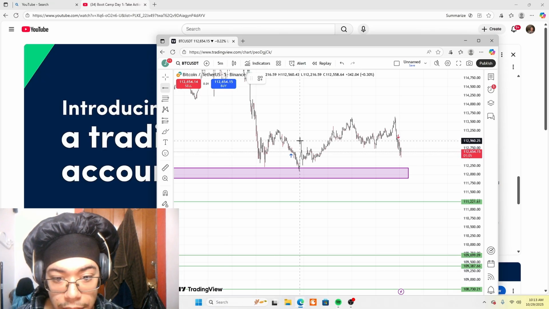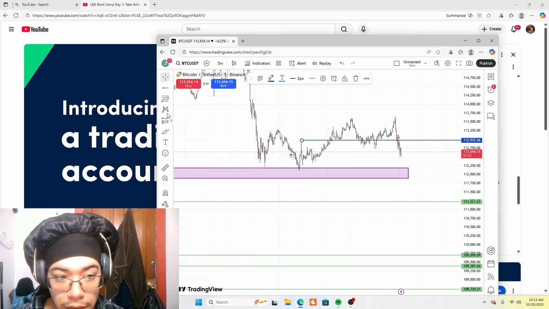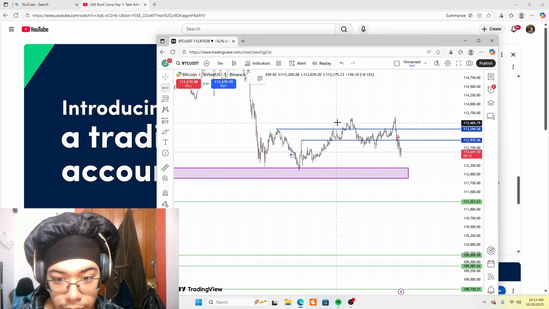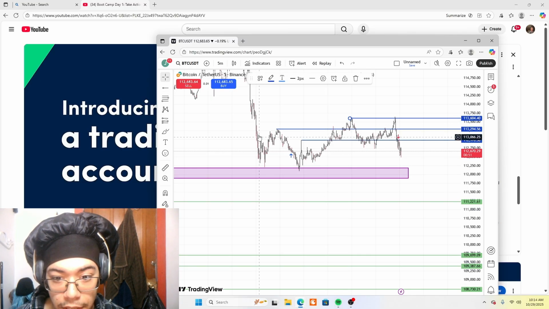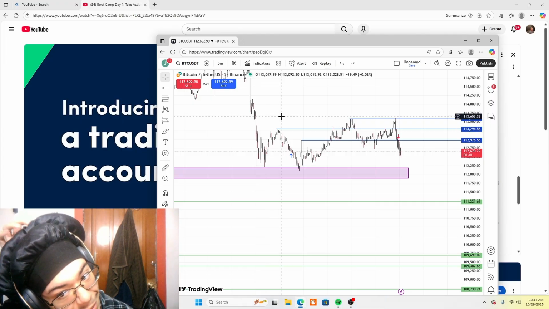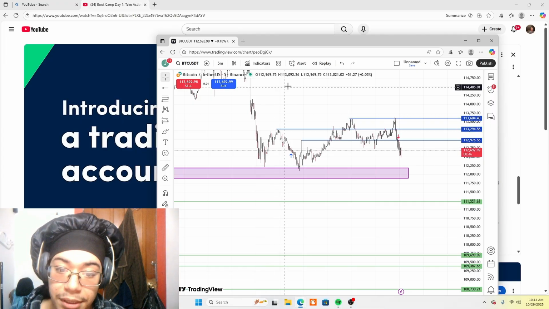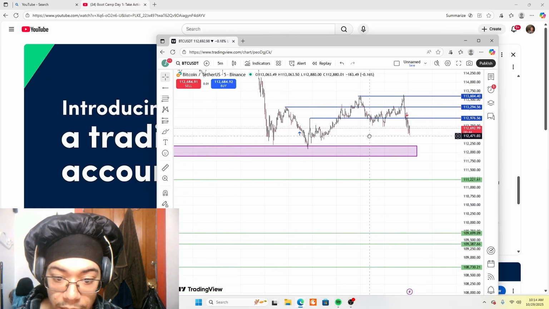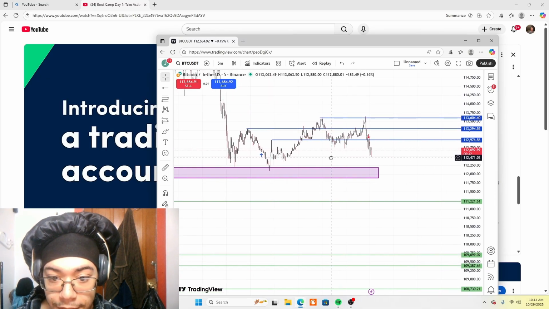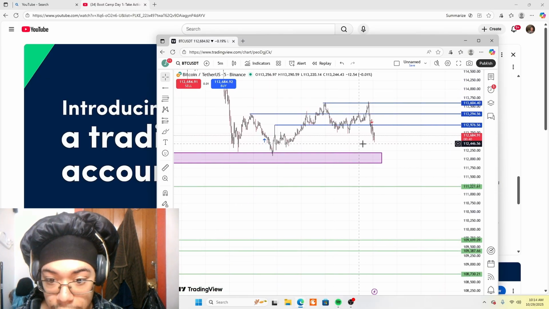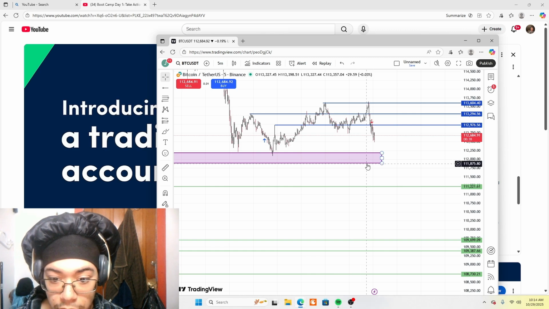I gotta watch out for it to take out this high, this high, and that high. Those are the highs I'm waiting for it to take out before I take a trade to the upside again. And for the downside, it just needs to go below this retracement.